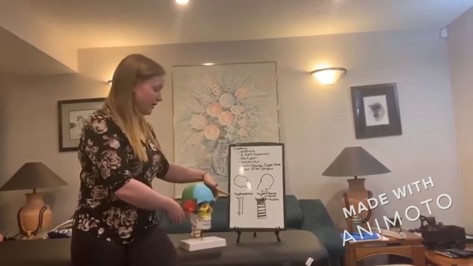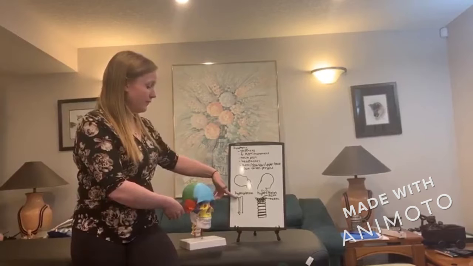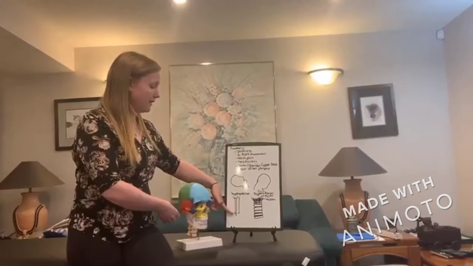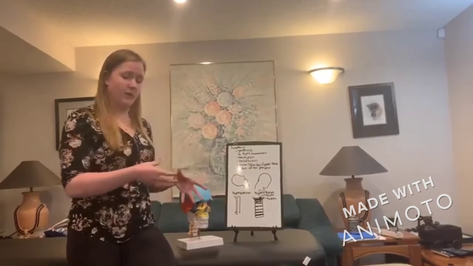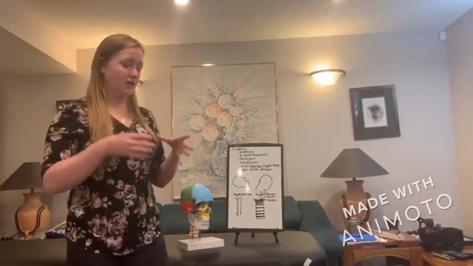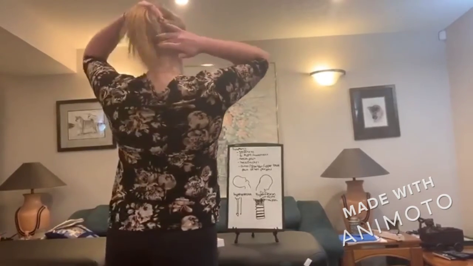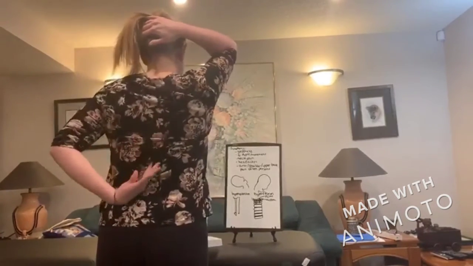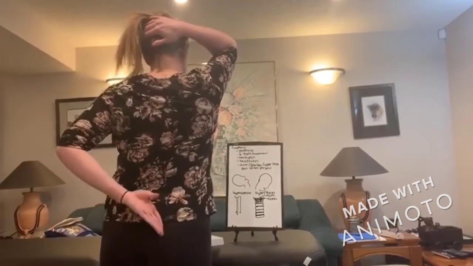This picture just right underneath shows the base of the skull, the spine, and then this triangular piece. You might be wondering what that is. So ideally we're going base of skull, length of that whole spine, and then down to the sacrum.